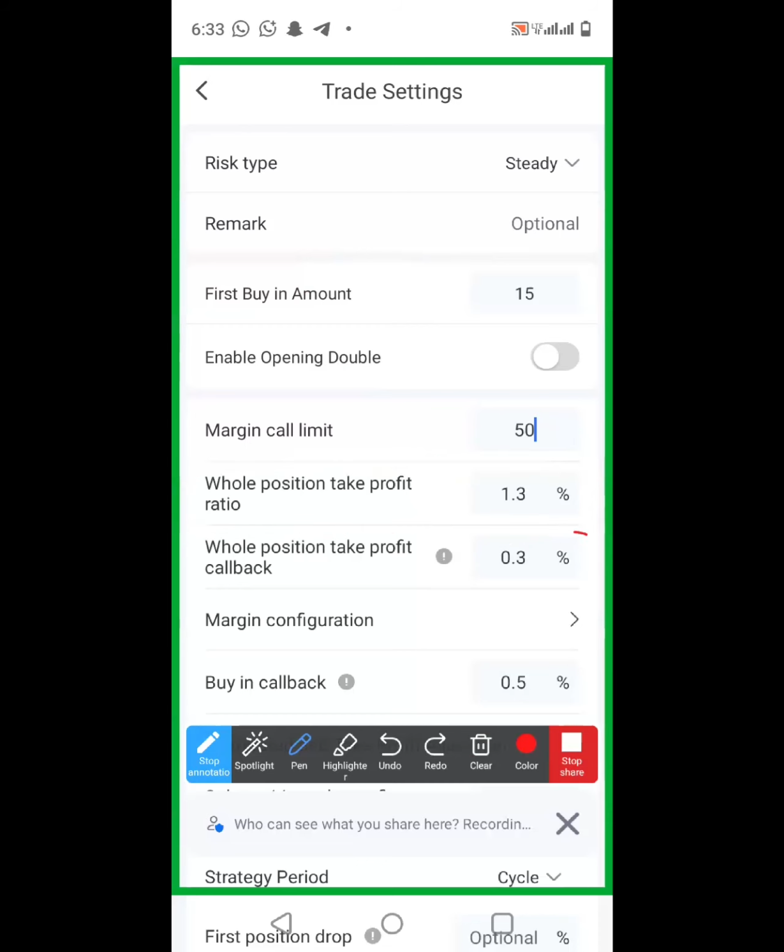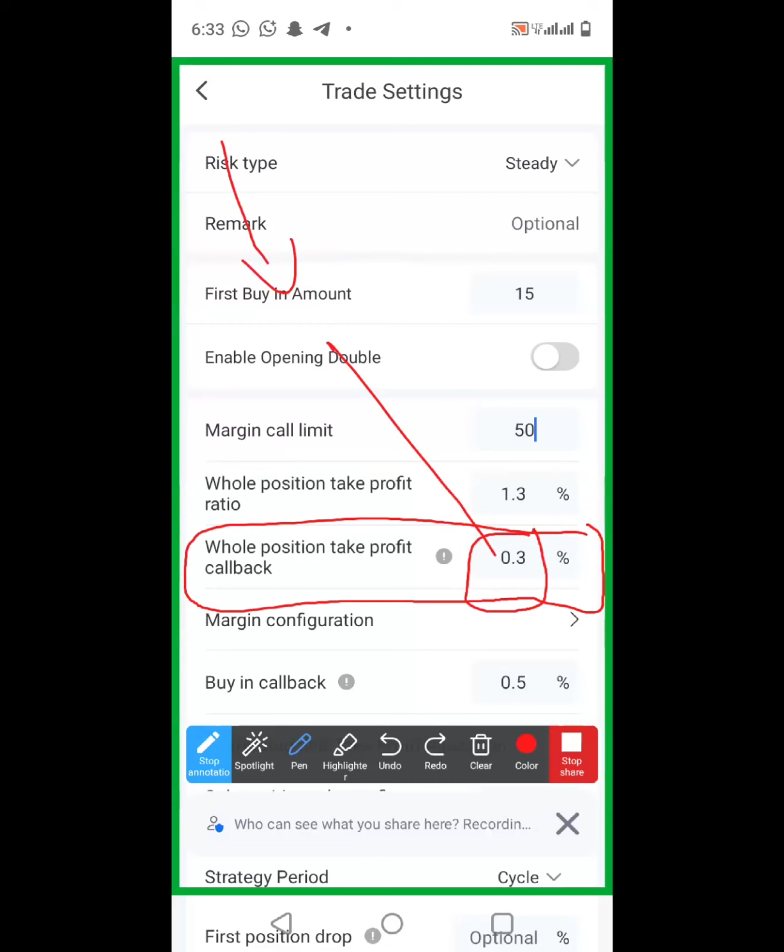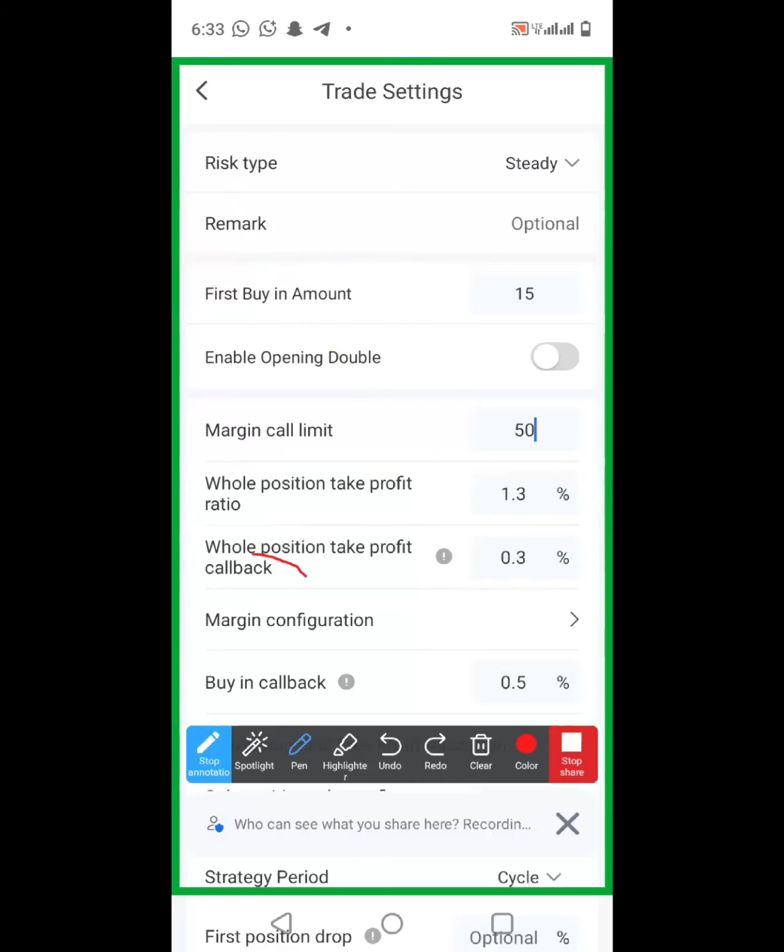Now we have the O position take profit callback, like what I've explained. Callback means a reminder.